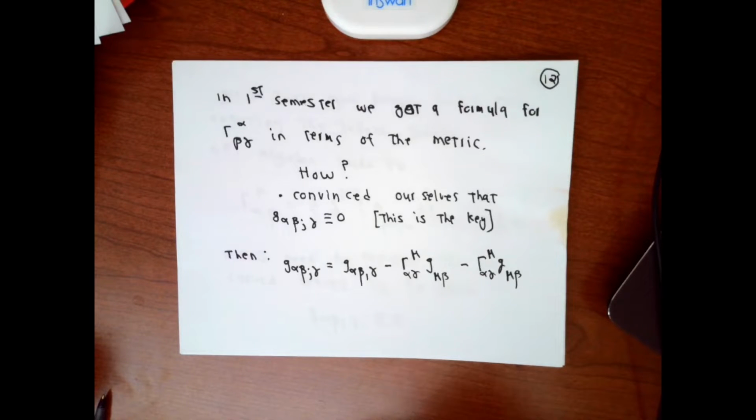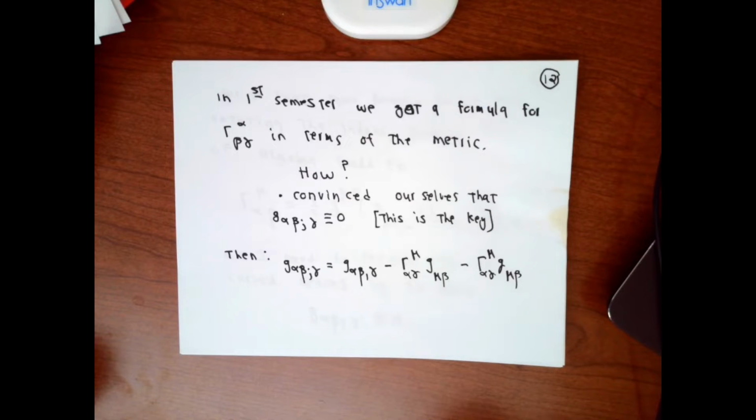In the first semester, we were able to get a formula for those Christoffel symbols in terms of the metric. How did we do that? Firstly, we convinced ourselves that the covariant derivative of the metric tensor was 0. This fact turns out to be the key to the argument, and in fact turns out to be extremely important to us in terms of local flatness. Every index that is like a vector index has a plus Christoffel term.